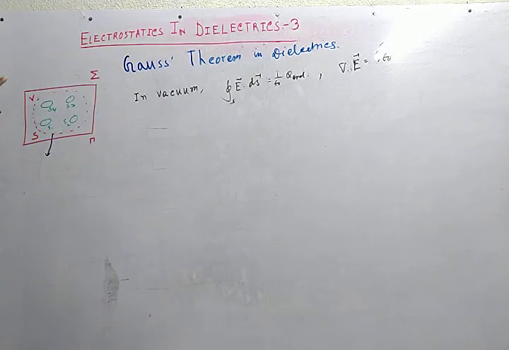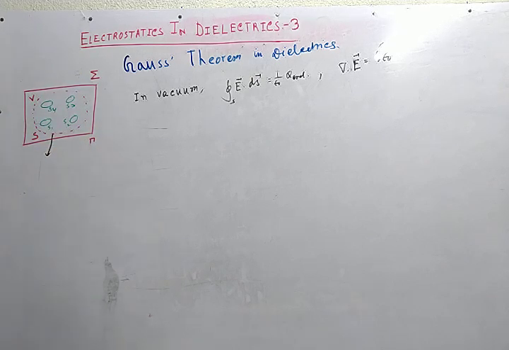Let me see how the law gets modified in the presence of a dielectric. We consider a dielectric medium which is bounded by a volume tau, shown in the rectangular shape, solid red line, and the closed surface bounding this volume tau is sigma.